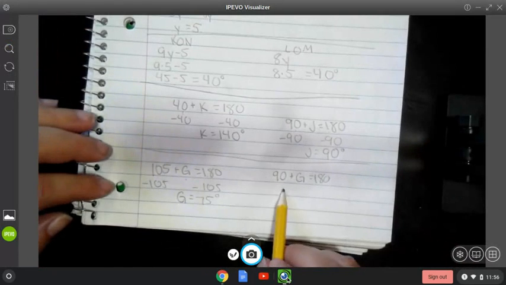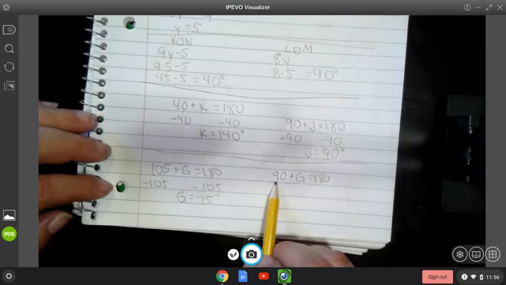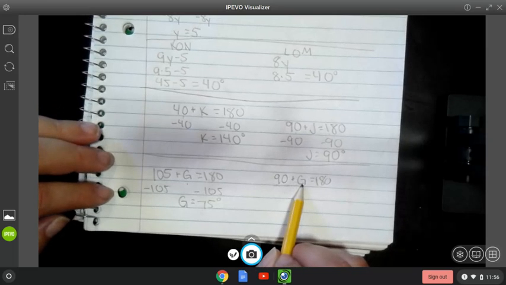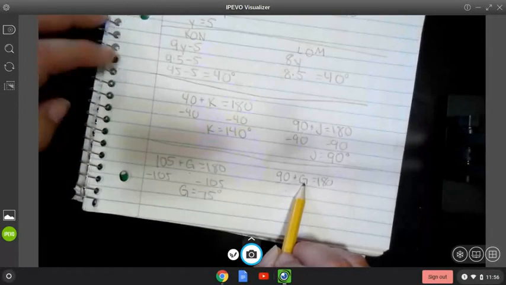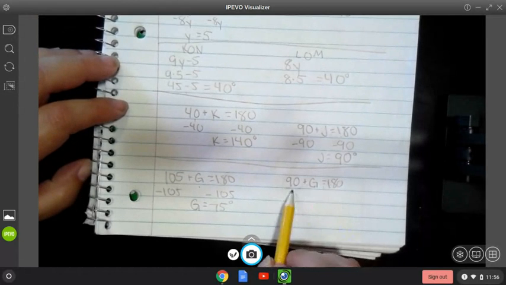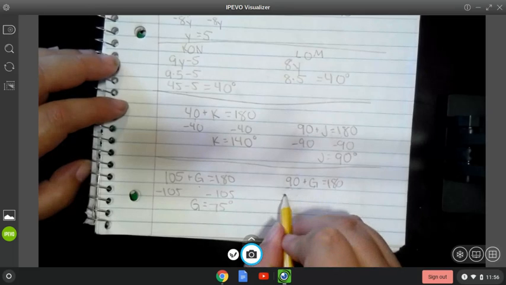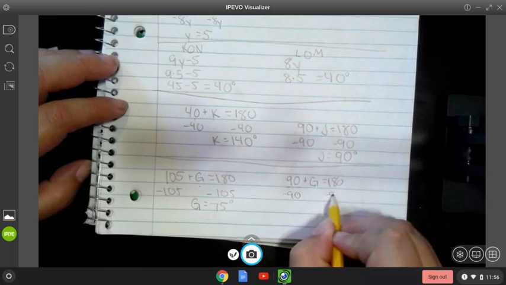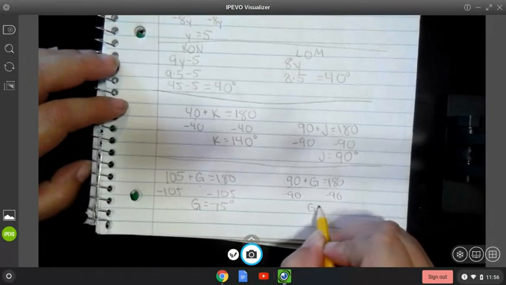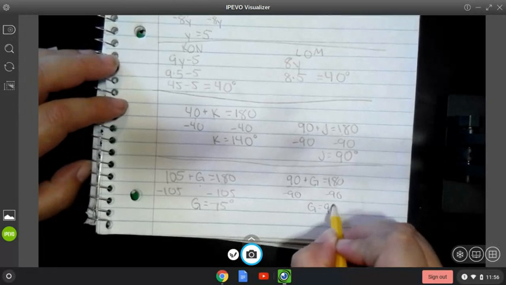So I have that written down here. We know that our first angle is 90 degrees. Plus, we don't know, but it's going to equal 180. So part plus part equals whole. To get this angle by itself, we're going to subtract 90 from both sides. And G is going to equal 90 degrees.